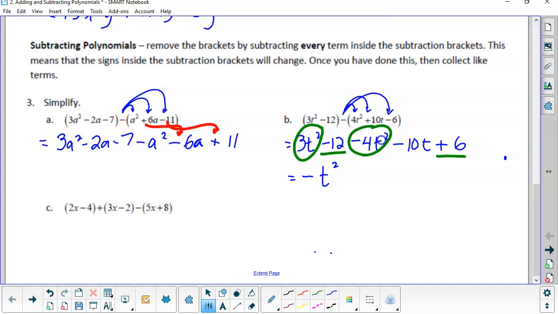Constant term, that's going to go at the end. Negative 12 plus 6 is negative 6. And negative 10t will look as subtract 10t, to put it in descending order of degree.